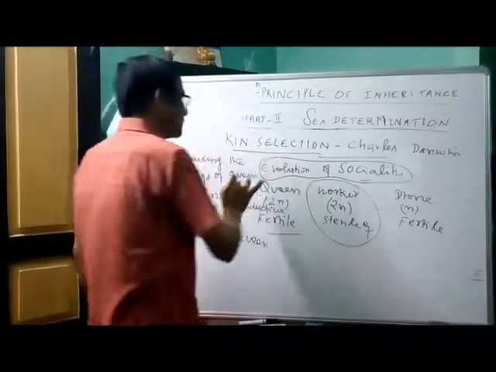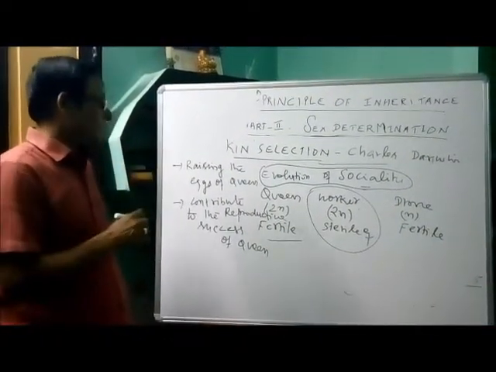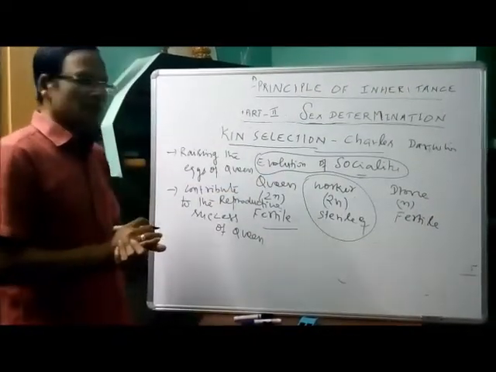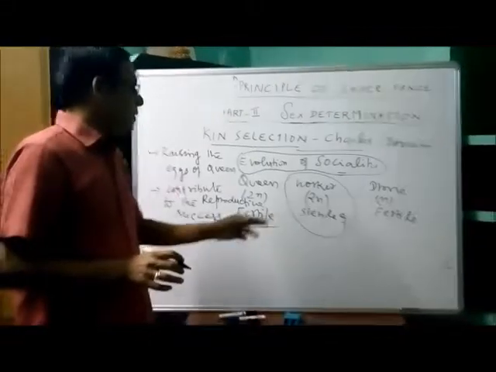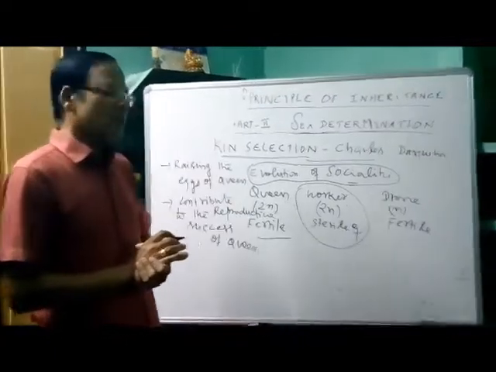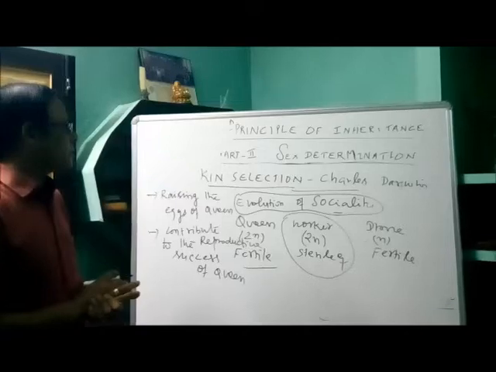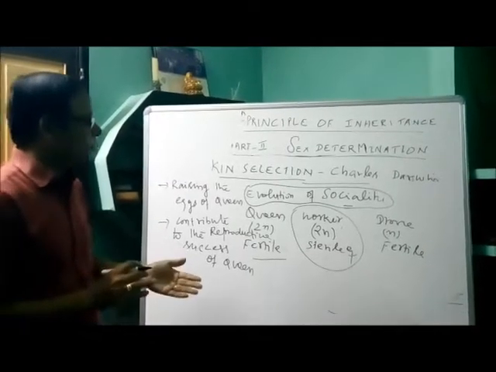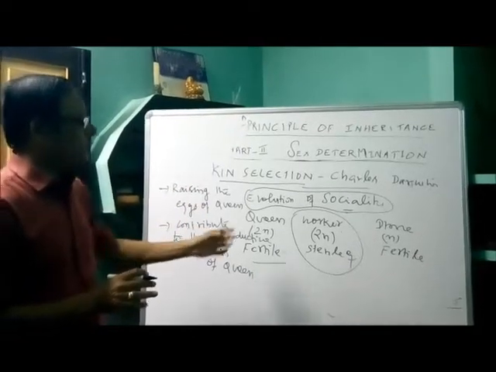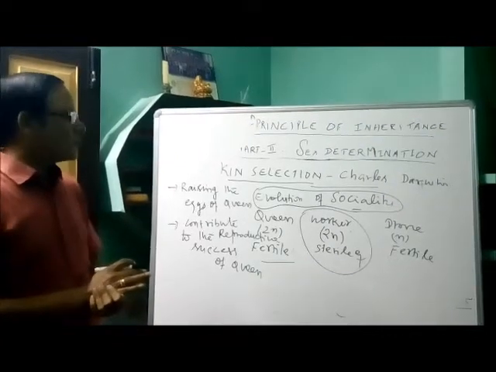That's why I mentioned it is an evolutionary strategy favoring the reproductive success of one organism, here the queen, by another organism, namely the worker, even at the expense of its own survival and reproduction. That means it doesn't undergo reproduction, but is indirectly involved in the reproductive process. This is kin selection as proposed by Charles Darwin, an evolutionary strategy responsible for the evolution of sociality, that is living together in a cooperative manner with the division of labor.